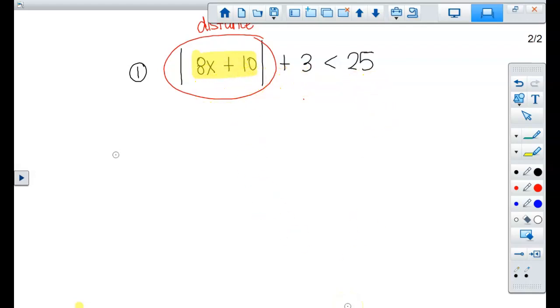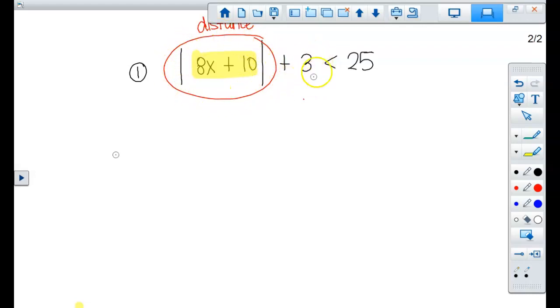So you all will remember from our discussion of equations last week that your first step when there is stuff like this plus 3 outside of the absolute value is to isolate the absolute value. You need to get it by itself before you split the problem into the 2 cases. So isolate first, then do 2 cases. So I need to isolate the absolute value of 8x plus 10.